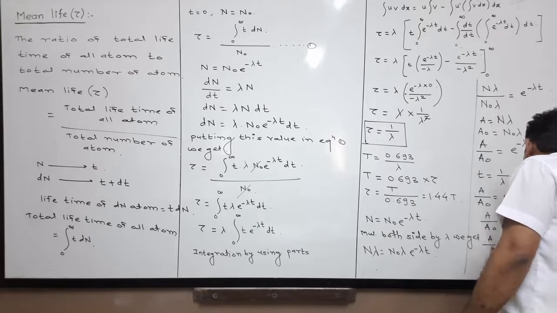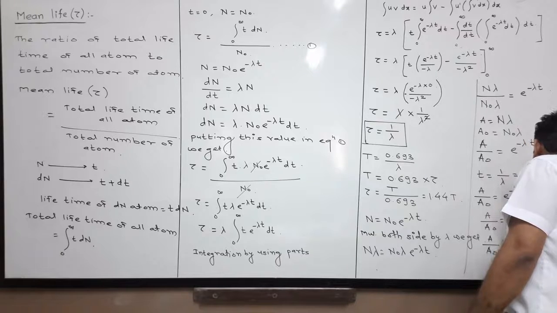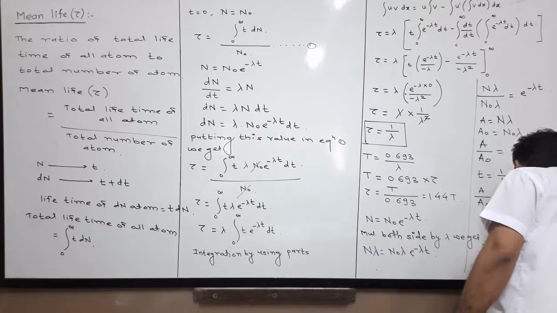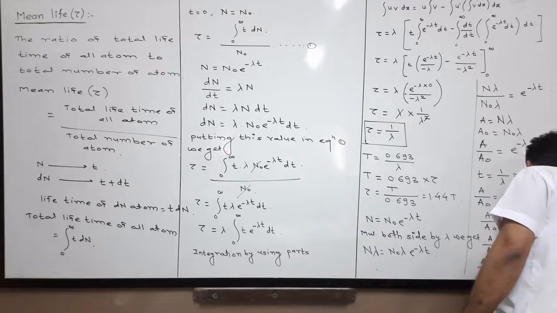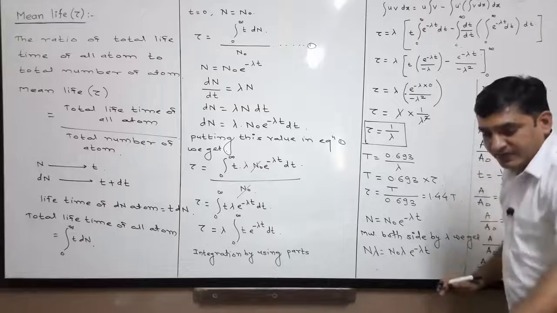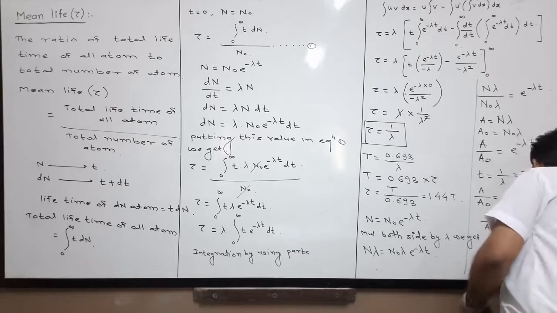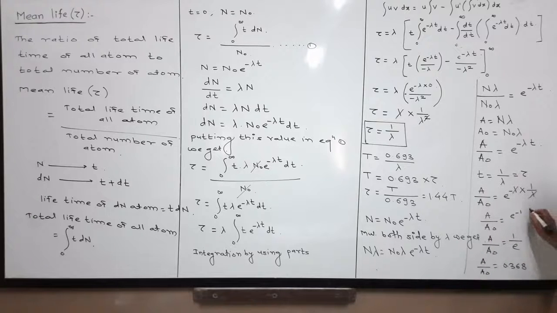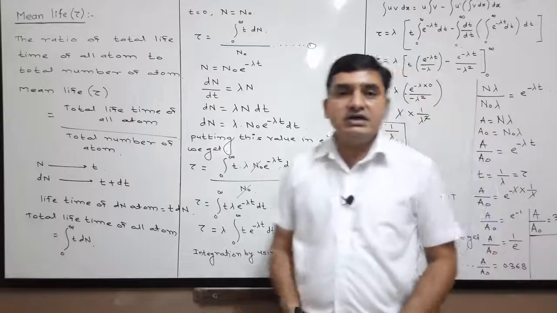So A upon A0 is equal to 1 upon e, and when we put the value of e, we get A upon A0 equal to 0.368, or simply we can say that A upon A0 is equal to 36.8%.